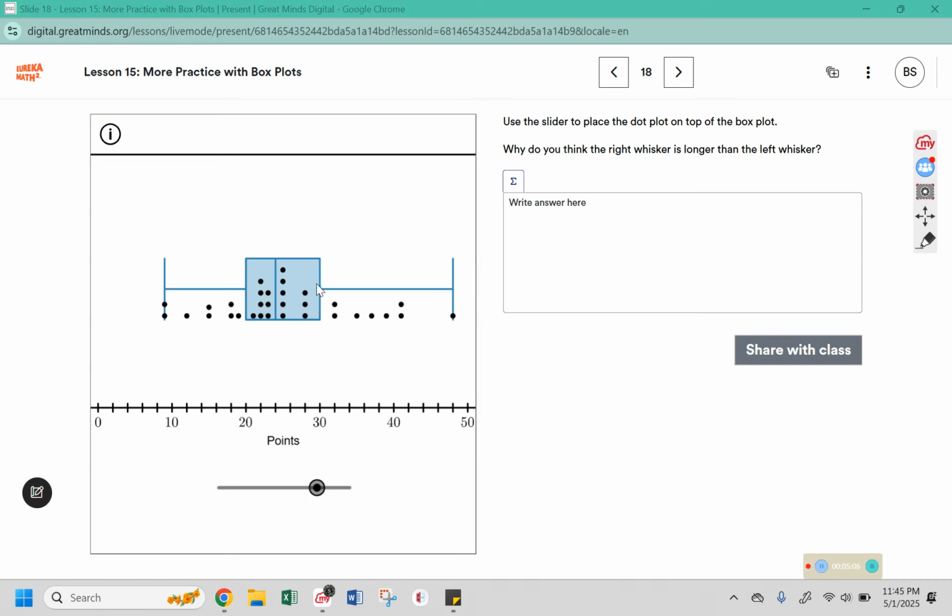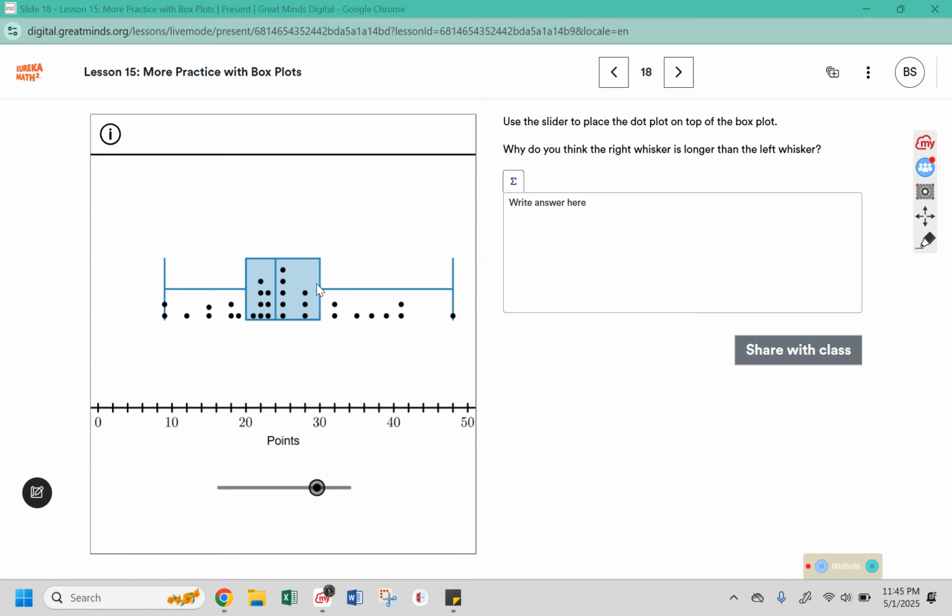The box plots summarize data distributions for two other classes that took the quiz. What do you notice about the 5-number summary for each? Well, the minimums line up. Q1 lines up. The median also lines up. And the maximum lines up, but the third quartile does not.